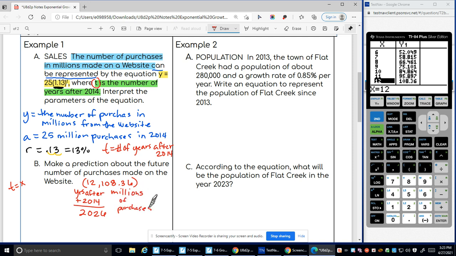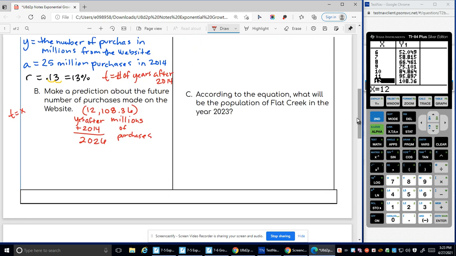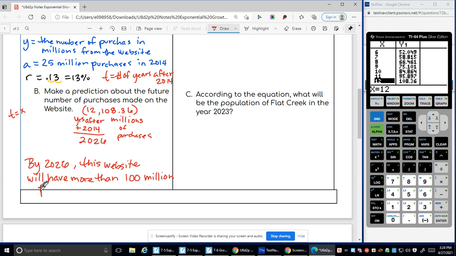So let me write an actual statement here. If I was going to sell this, I would say, you know what? By 2026, this website will have more than 100 million purchases.